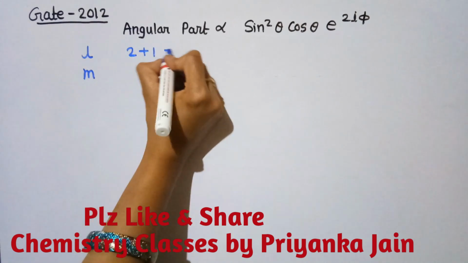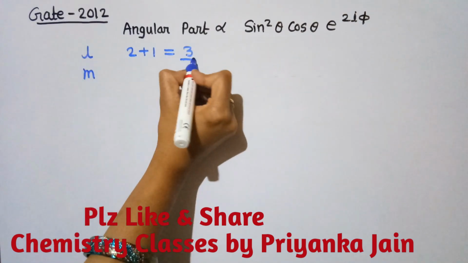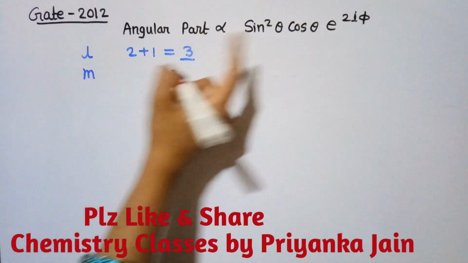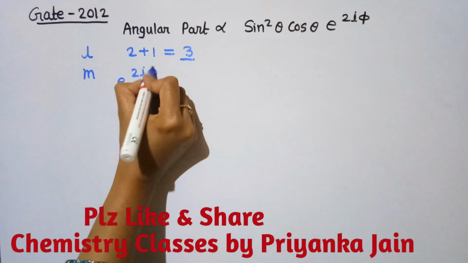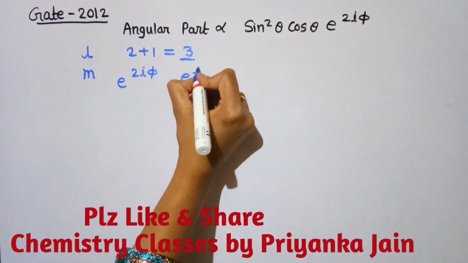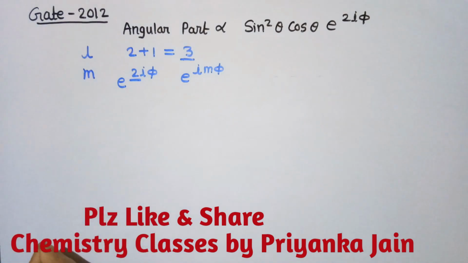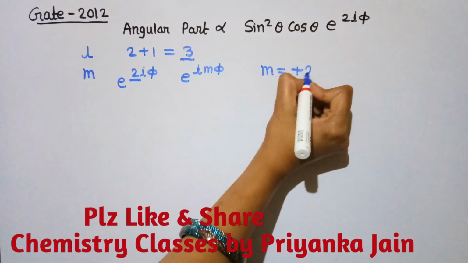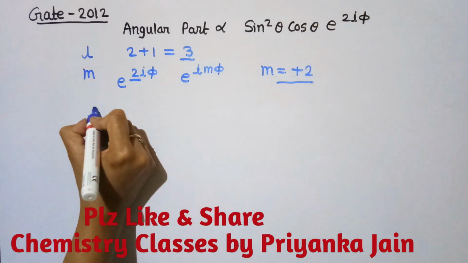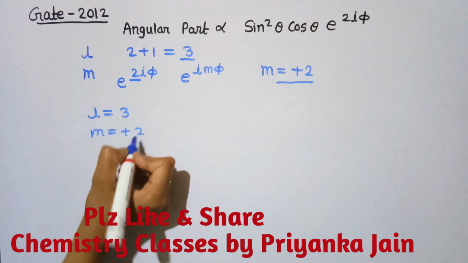So 2 plus 1 will be equal to 3. So now the value of L is 3, right? And for this we have to see this part, e to power 2 iota phi, and compare it with e to power iota m phi. So this is the value of m. It means m is equal to plus 2. So L is equal to 3, m is equal to plus 2.